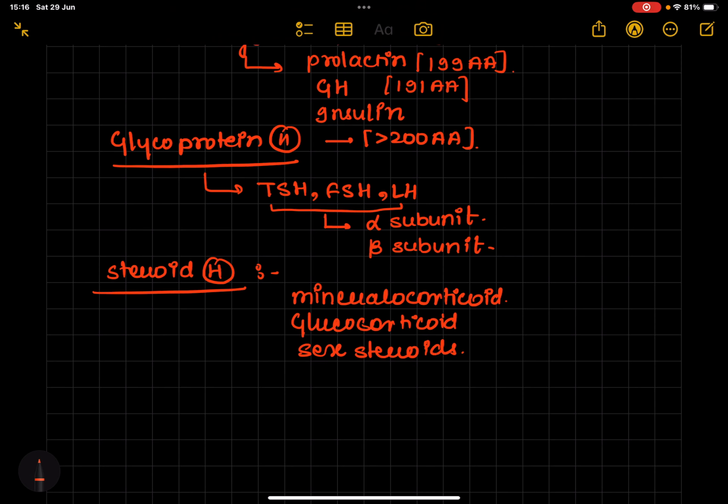And the main question that is asked, that the major sex steroid hormone that is produced by adrenal cortex is dihydroepiandrosterone, DHEA. Okay, it also produces androstenedione, but mainly it secretes DHEA in major amount. So these three are adrenal cortical hormones.